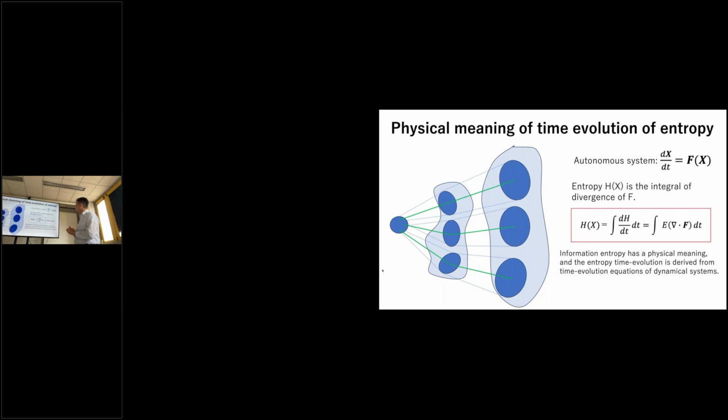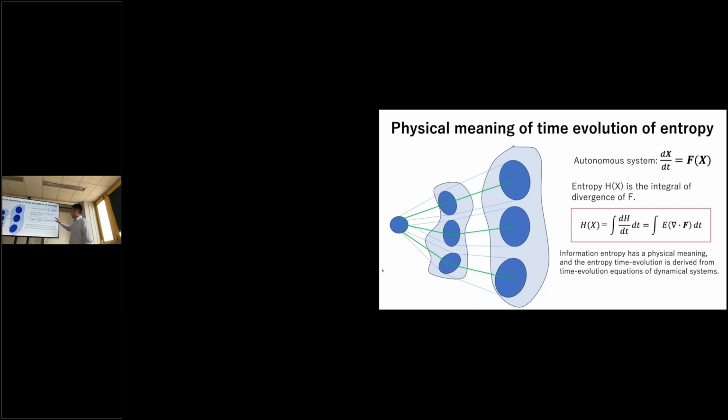Here I'm showing the schematics. The entropy is how quickly or how largely the solutions diverge in the future. As we see here, we can derive these equations from the time evolution equation.